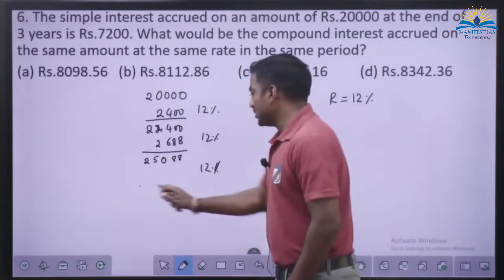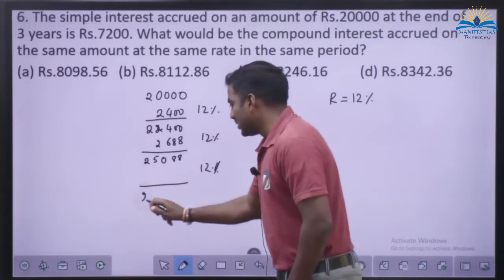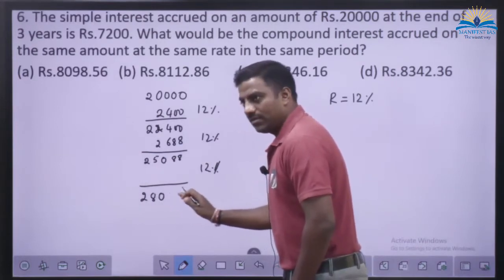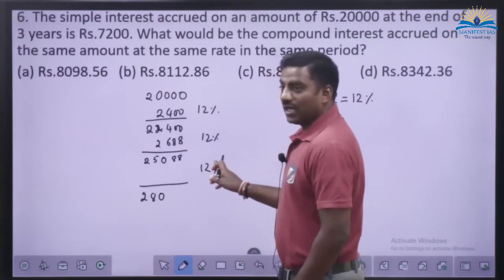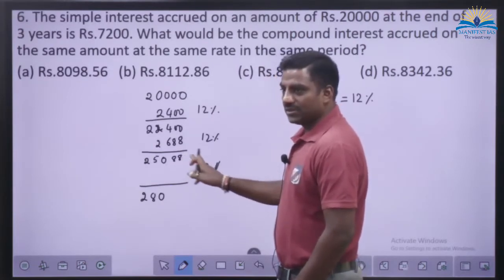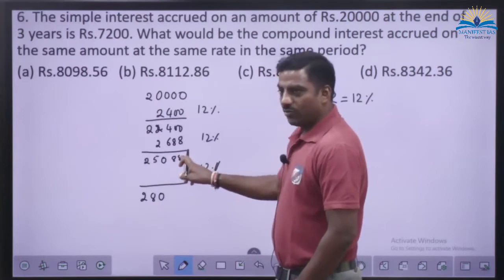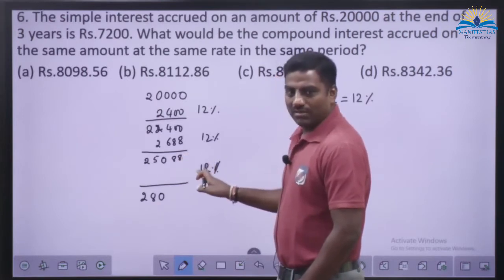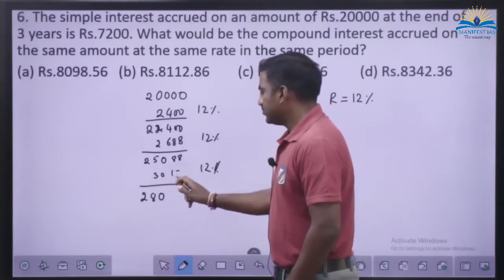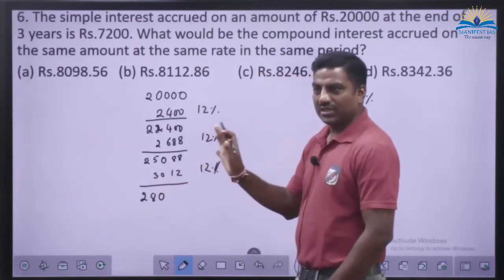Add 3,000 and you have to get the answer somewhere in the tunes of 28,088. But this extra 88 rupees, 12% of it, is close to 100 rupees times 12%, so roughly around 3,012.